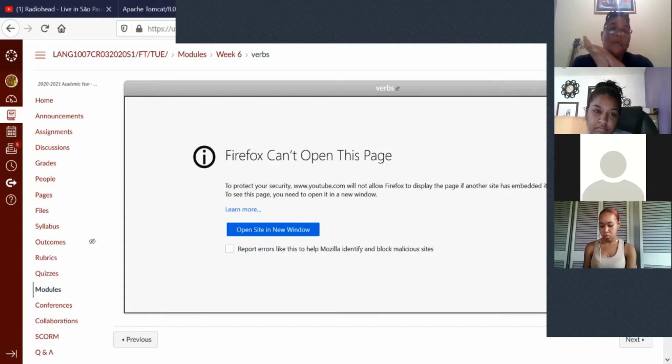So the next thing we are looking at, so we looked at writing a process analysis essay. We looked at how to mitigate nervousness when you're doing public speaking. Now we're looking at the third main thing we're supposed to do today.